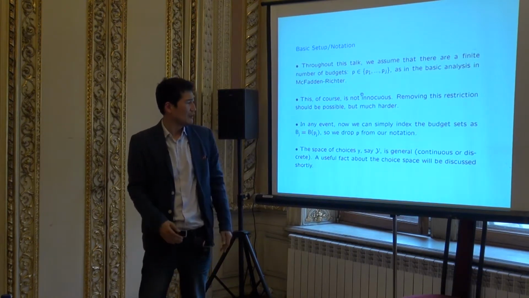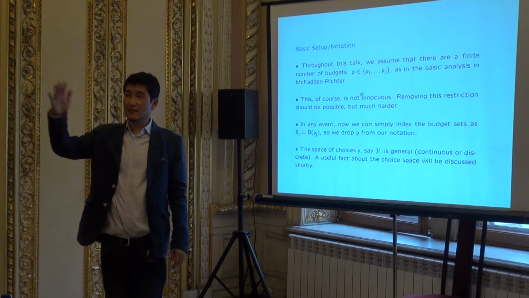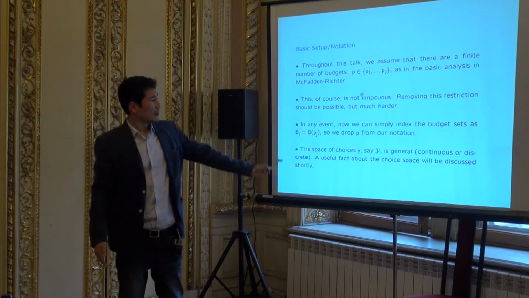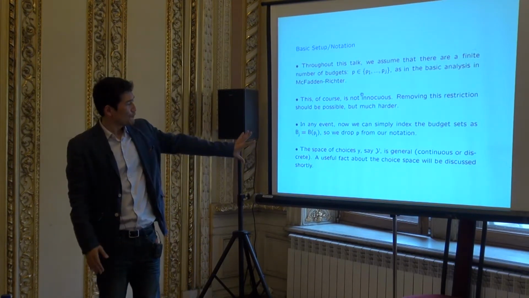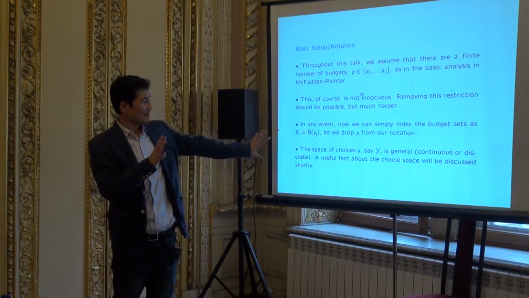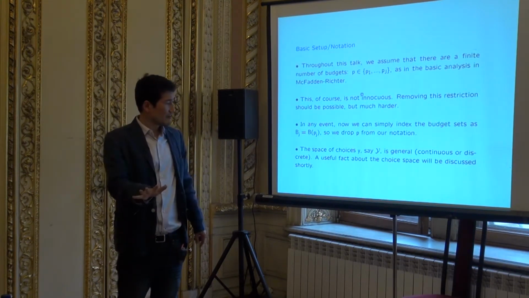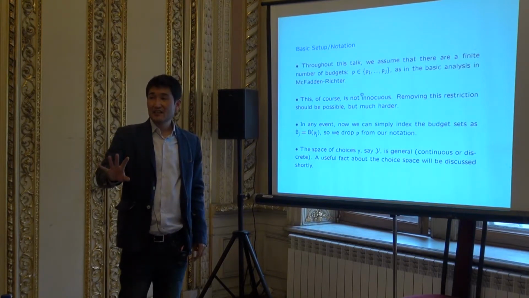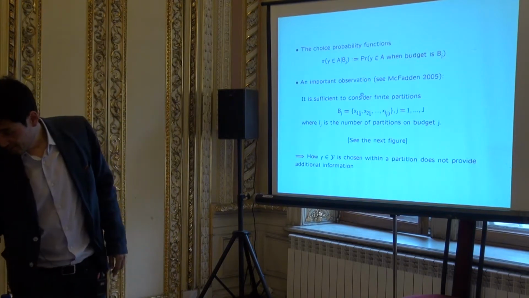I can just call them the first budget set, second budget set, budget number 8. So I'm going to use the notation B sub j. As I said before, the nature of your choices can be continuous or discrete, but there's a really neat trick here. Let me explain that part.